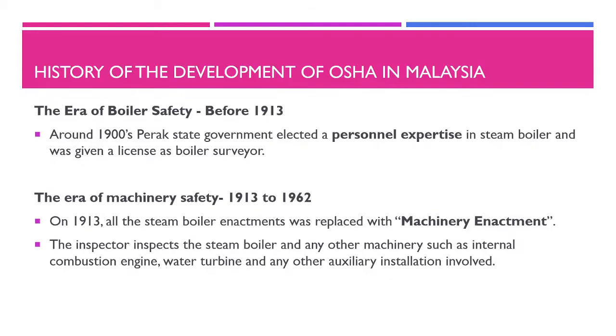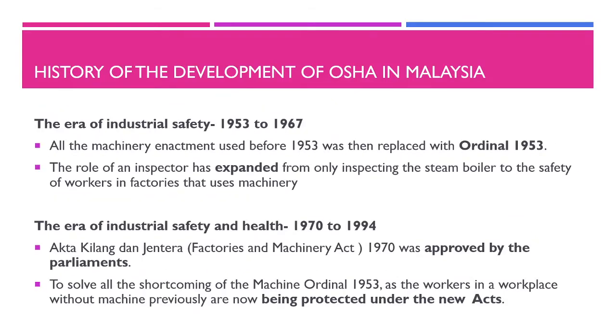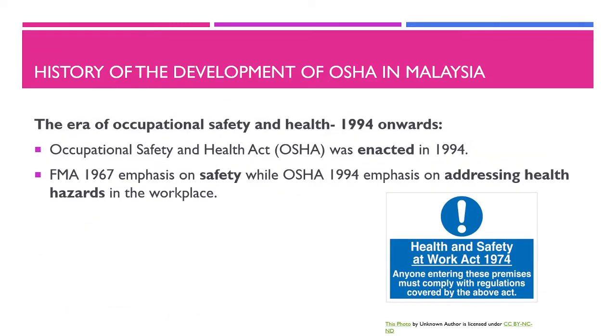The first is the era of boiler safety, then the era of machinery safety, the era of industrial safety, then the era of industrial safety and health, and lastly, until now, the era of occupational safety and health, starting from 1994.